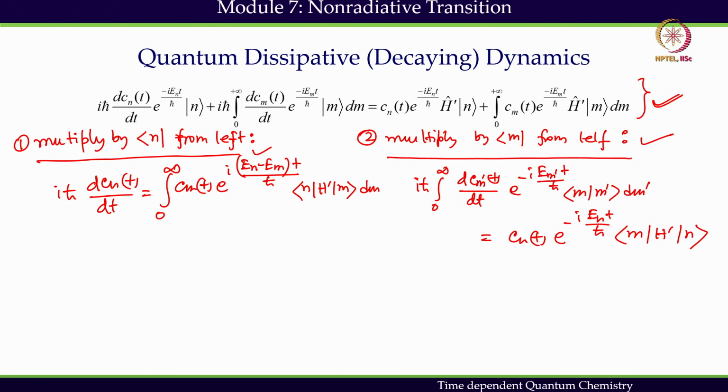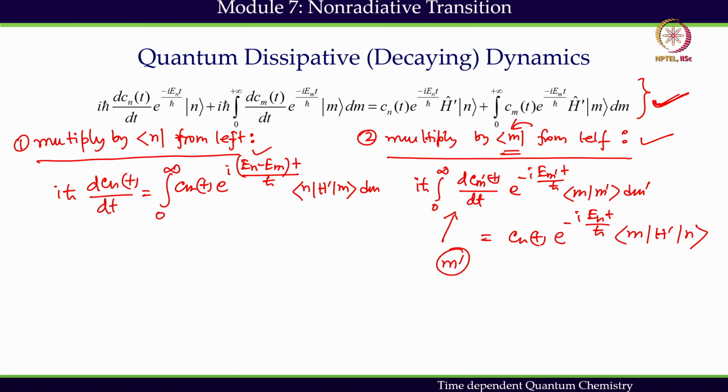What we have done here, when multiplying this equation with the complex conjugate of this state m, is that within the integration, the variable we have used is m dash to distinguish it from the state by which I am multiplying.